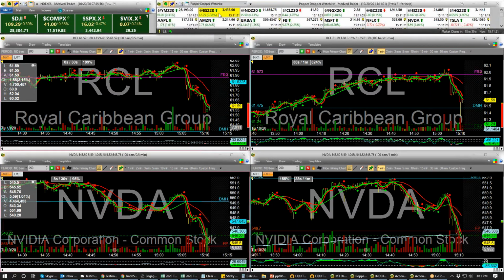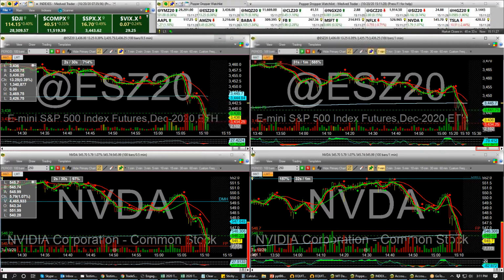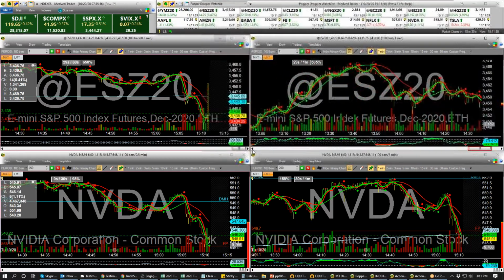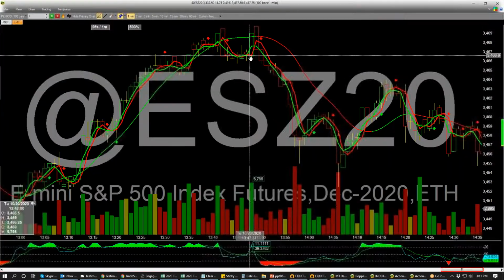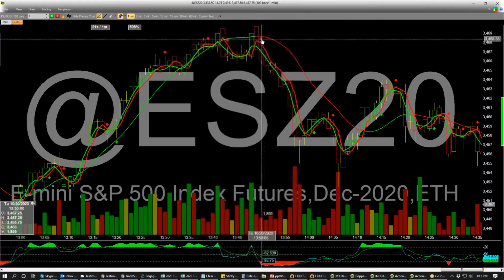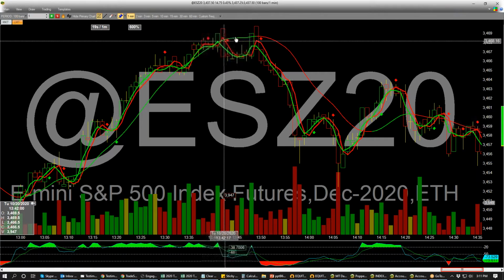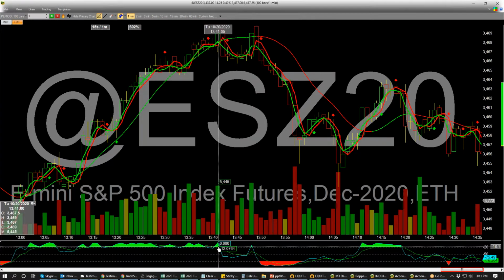I had a short earlier, and I had the best spot, I think, on the S&P. I want to point out this trade, and this was just using 1 minute clear lines. I saw this little double top right here. So we hit a peak. We got overbought.